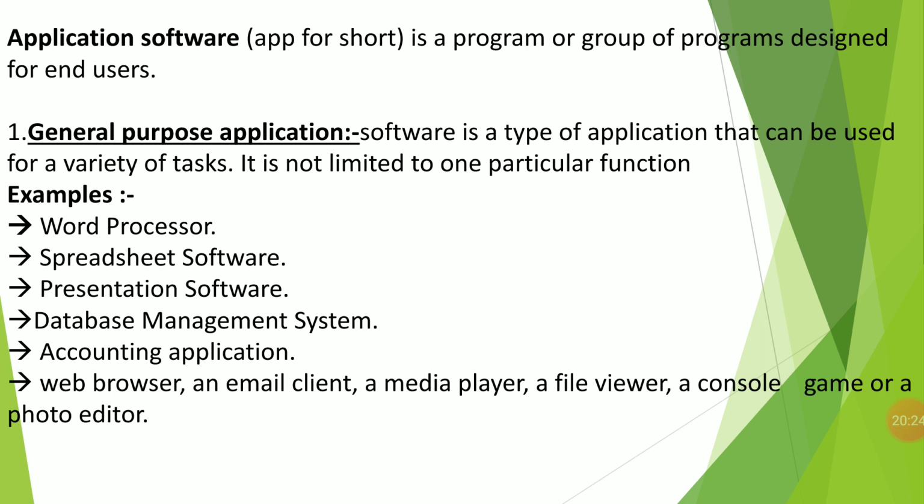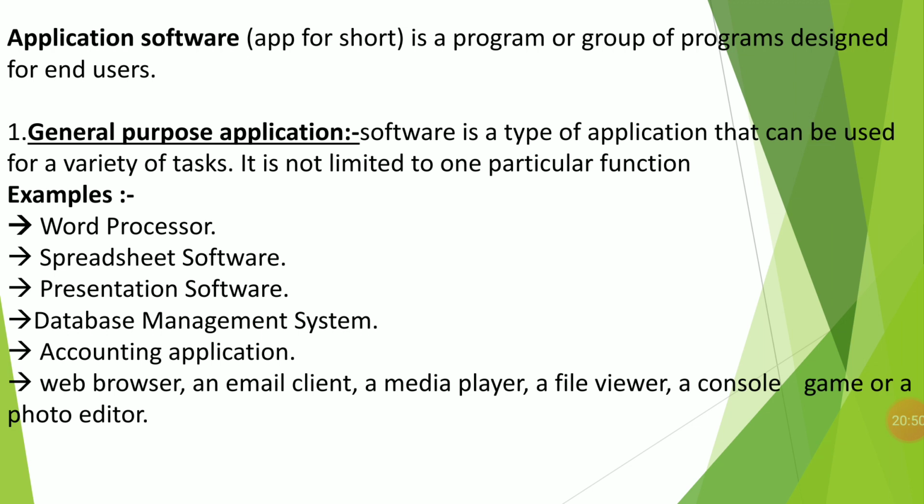General purpose application software is a type of application that can be used for a variety of tasks. It is not limited to one particular function. It is designed to meet the needs of individuals or organizations.